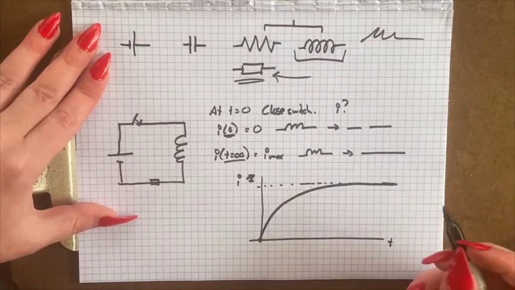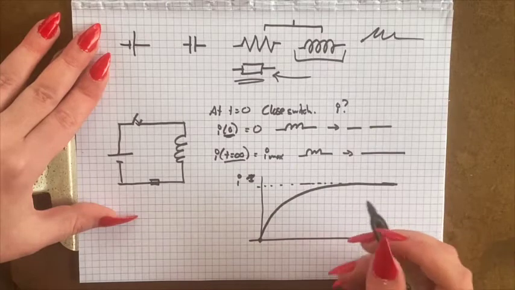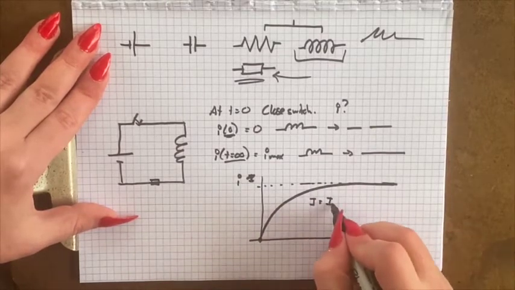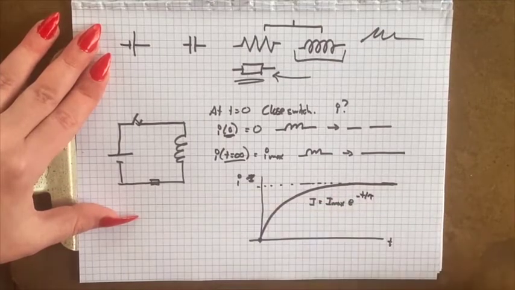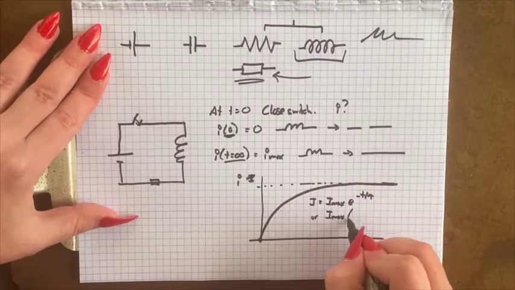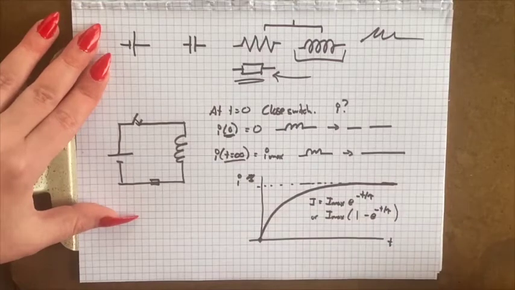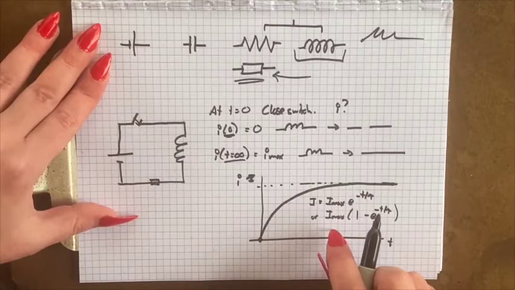That looks like an exponential growth or decay curve, and we have some experience with these, right? I is two options: it's I max, e to the negative t over some kind of time constant, or it's 1 minus e to the negative t over some time constant. And we've done exactly these things with capacitors in RC circuits.